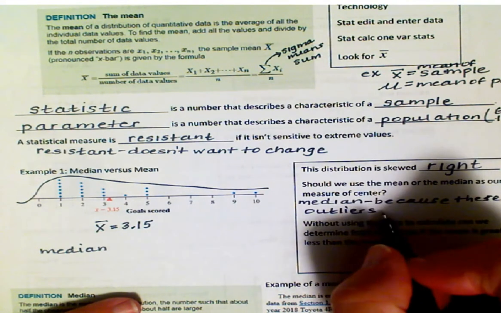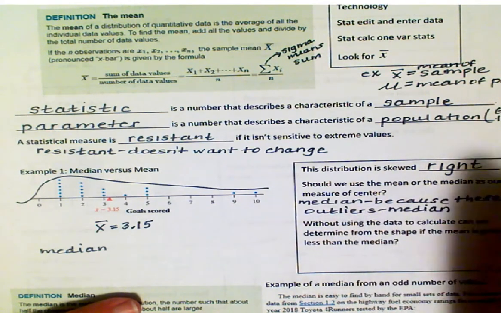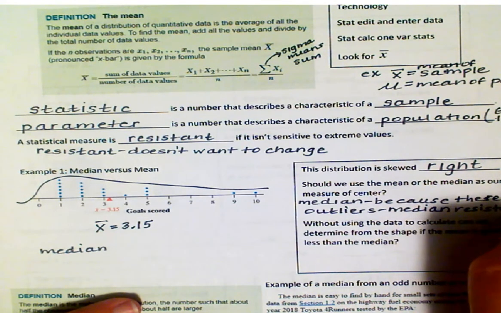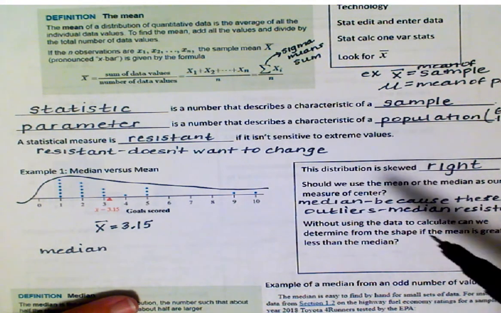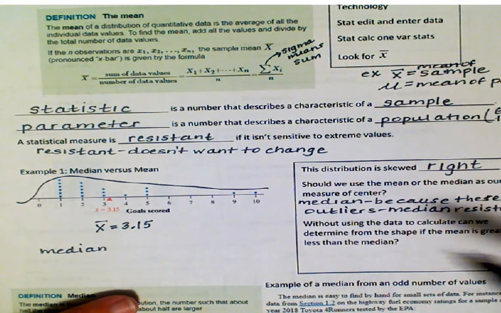That's the word resistant. A median is resistant, because if you do have outliers, it's not going to change it. But if you have outliers and you're finding an average, obviously that's going to change it. Without using the data, can we determine the shape if the mean is greater or less than the median?